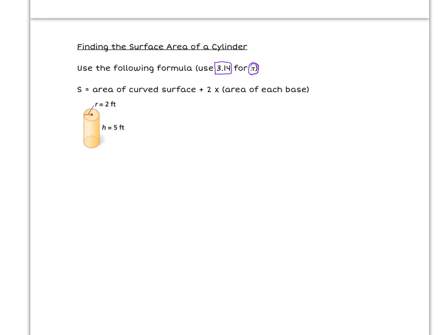For the formula, we would have S, a big S, equals h for height times 2 times pi times r plus 2 times pi r squared.